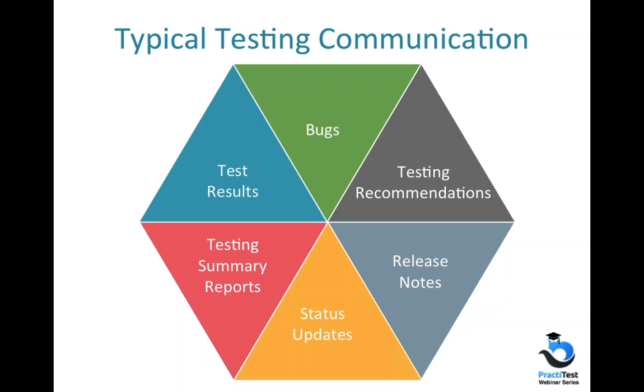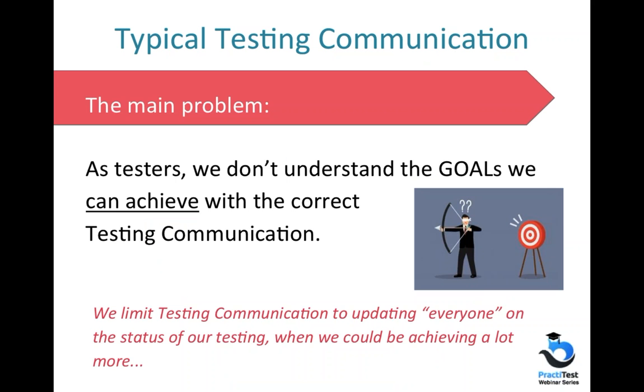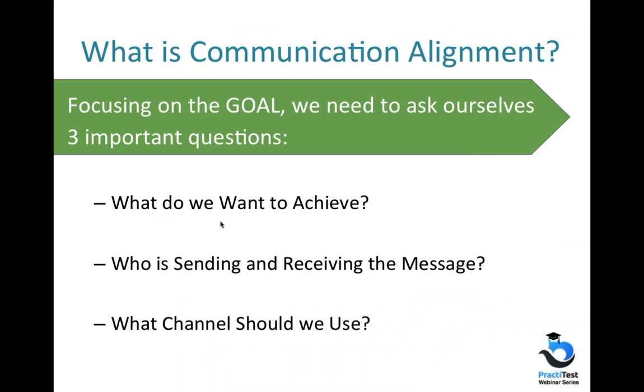But the best way of knowing if you're a good communicator is if you're able to achieve your goals. Meaning, if you have a goal to make sure that an area of your product will get more coverage, does it happen when you're communicating? If it doesn't, then it is because you're not aligning what you want to do, so you're not communicating correctly.